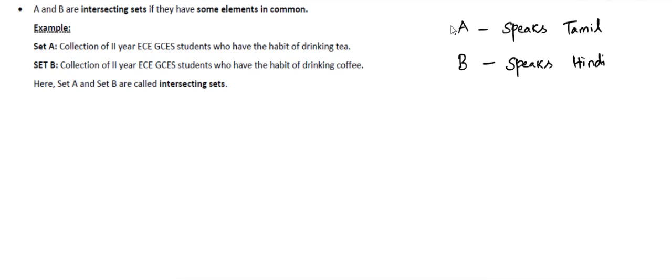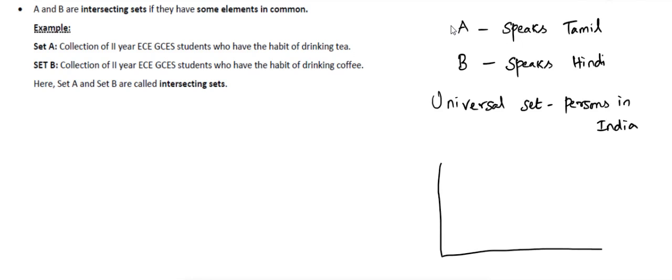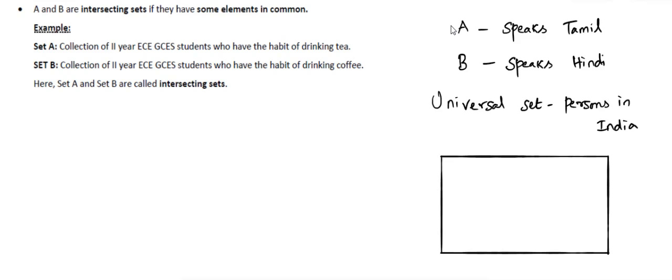See, here the universal set. Universal set means what is the reference I am taking? Here the universal set is persons in India, right? This is the universal set. For that, this is the diagram. This is the entire people in India. This is called the universal set.